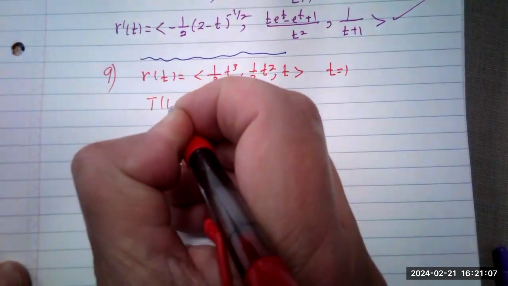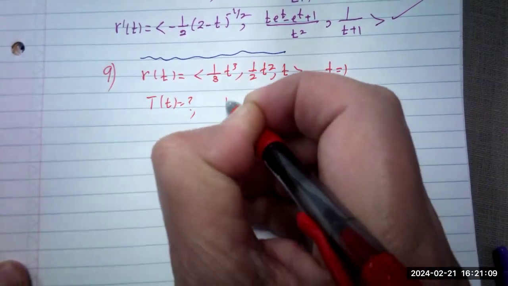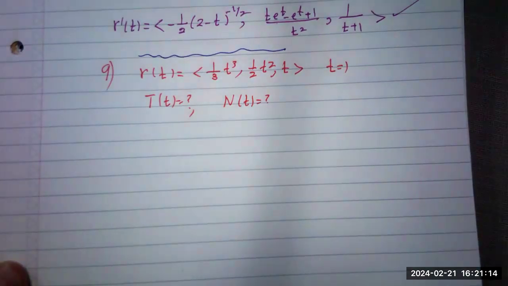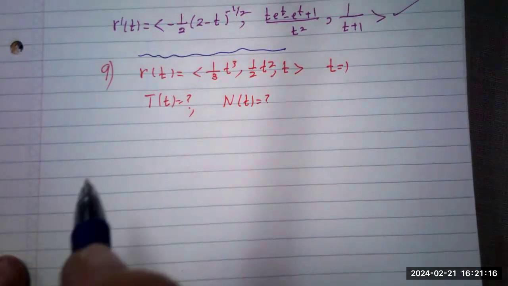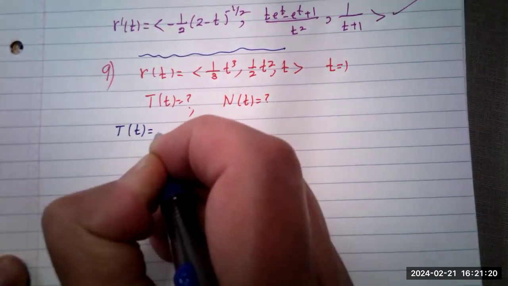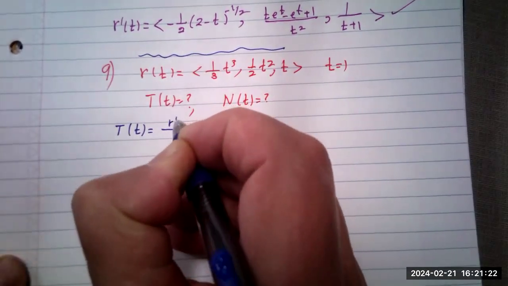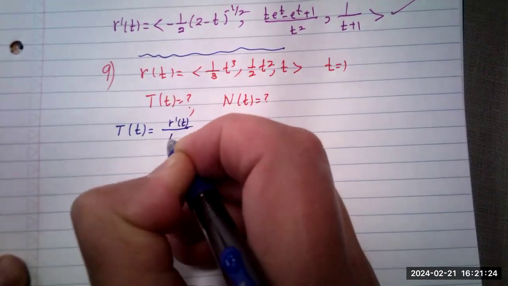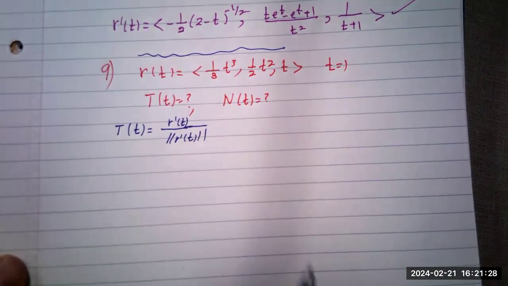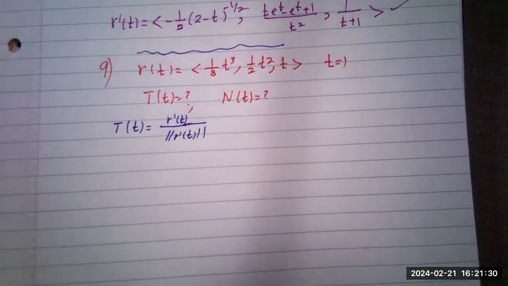So you want to find T of t and N of t. You have to find T of t first. T of t is the tangent vector, which is the derivative, r prime of t over the norm of r prime of t. This is the unit tangent vector.